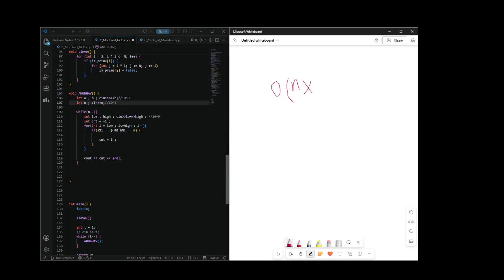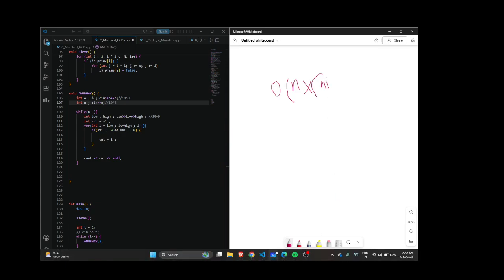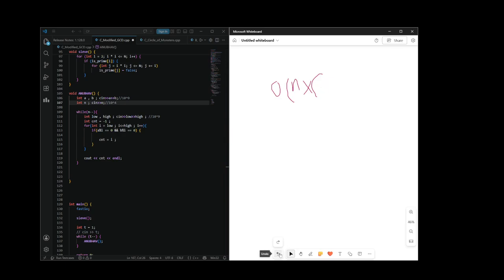And inside n, we are iterating from low to high. So definitely it will be a complexity of high minus low plus 1. I am denoting high by h and low by L. Fine.